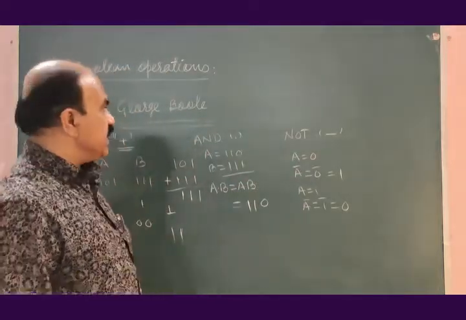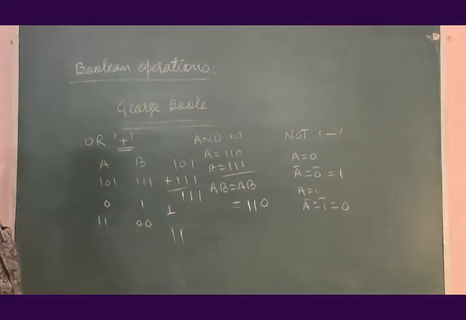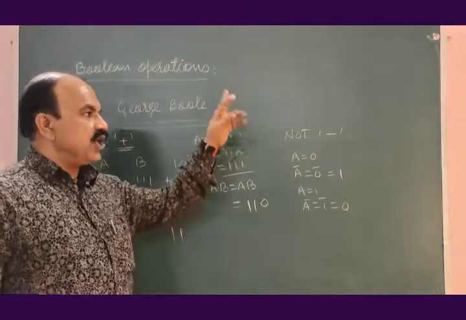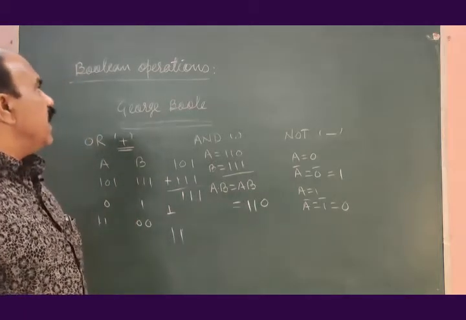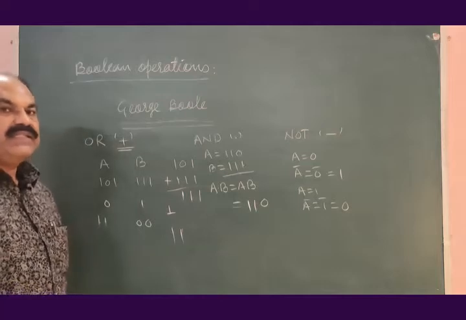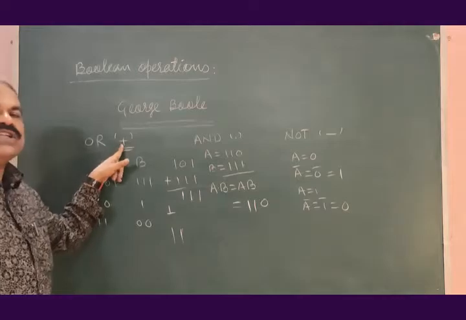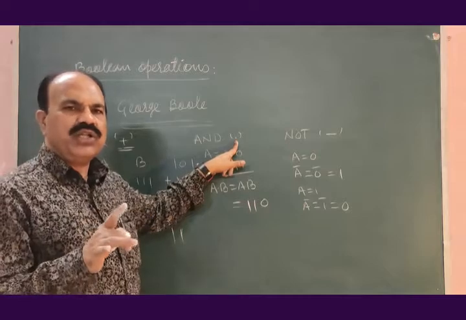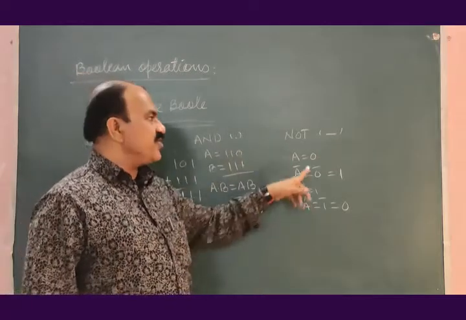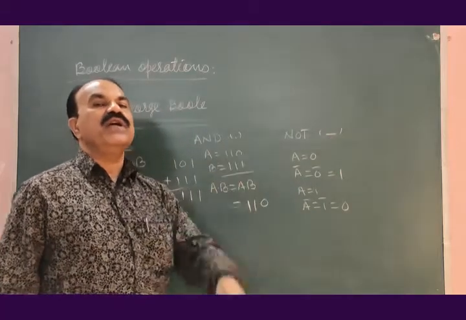Okay. So these are the basic Boolean operations: OR operation, AND operation, NOT operation. The operators used for these are, this operator is used for OR operation, this operator or no symbol at all is used for AND operation, this operator, that is bar, is used for NOT operation.